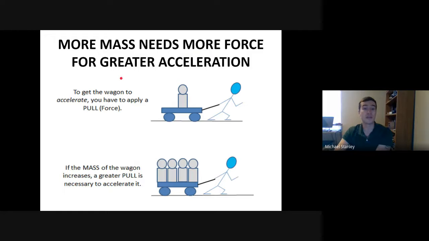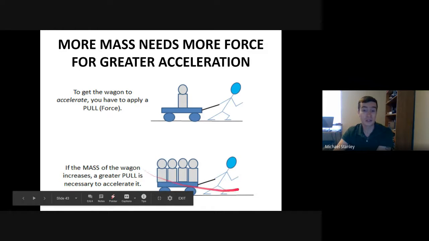Another way is that if you increase the mass of something, you'll need more force in order to accelerate that object. So if this wagon is at rest and it has one of these little stone objects on it, then it might require a small amount of force to pull it and get it started accelerating.